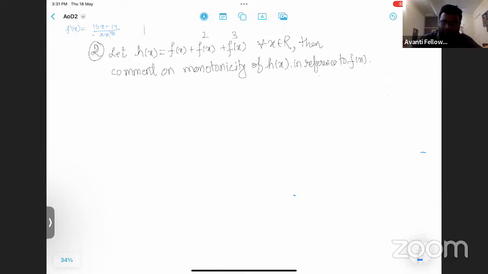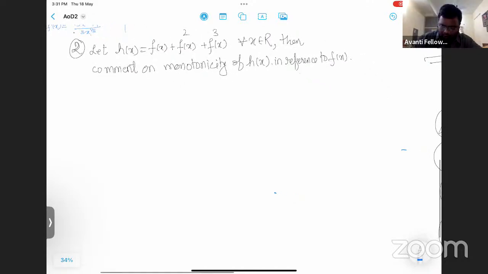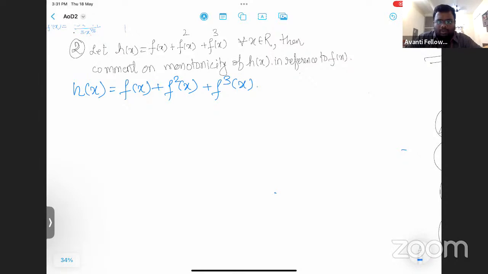So what are we given? We are given h of x is equal to f of x plus f square x plus f cube x. You can try. I'll wait. Few more seconds, then I'll solve it. Okay.